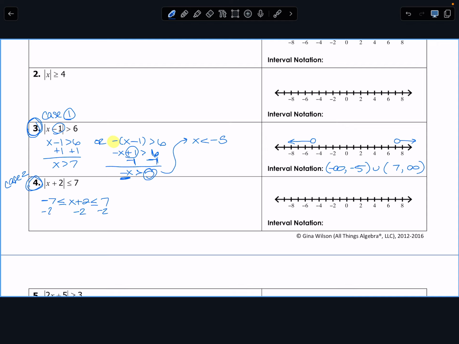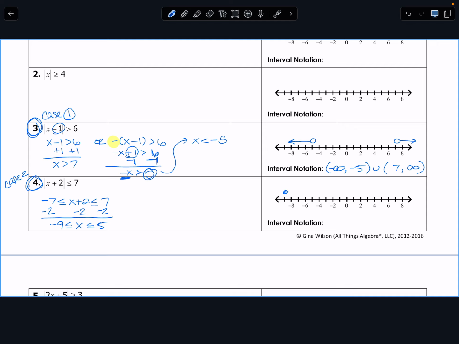When I subtract by 2, just like we did in that mathematics lesson, I have -9 is less than or equal to x, which is less than or equal to 5. So when I subtract 2 from the middle, I have to subtract it from both sides of the inequality, not just one.